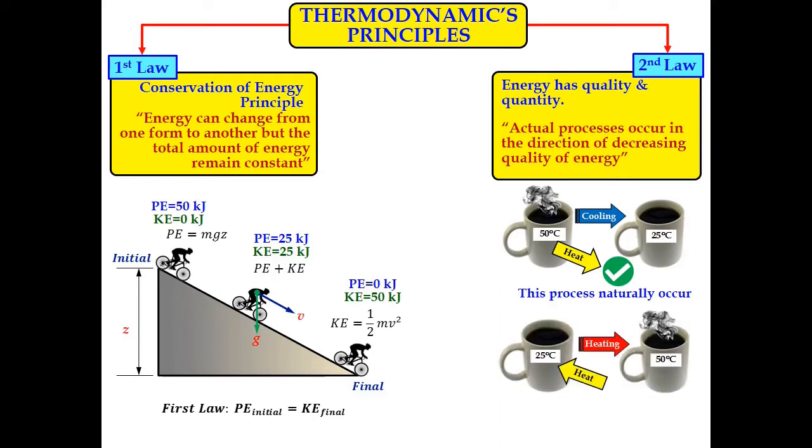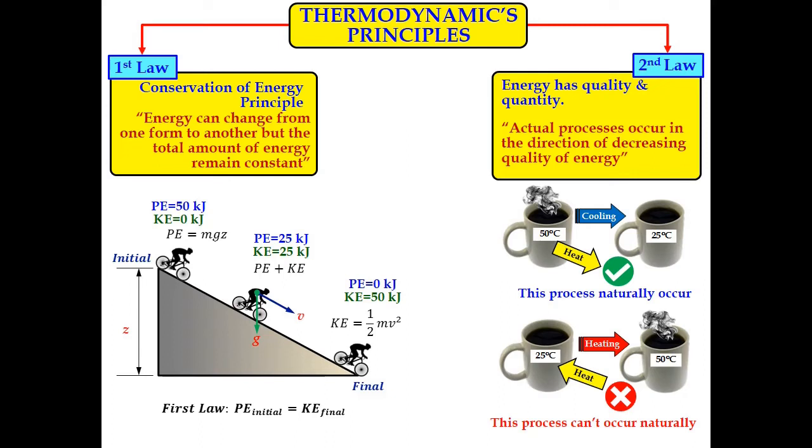However, if we base it on the second law of thermodynamics, the second case will not happen. In nature, this process cannot happen because, in the second figure, let's say the initial temperature is 25 degrees Celsius, it is impossible to increase the temperature of the coffee inside the cup to 50 degrees Celsius without using any additional system.